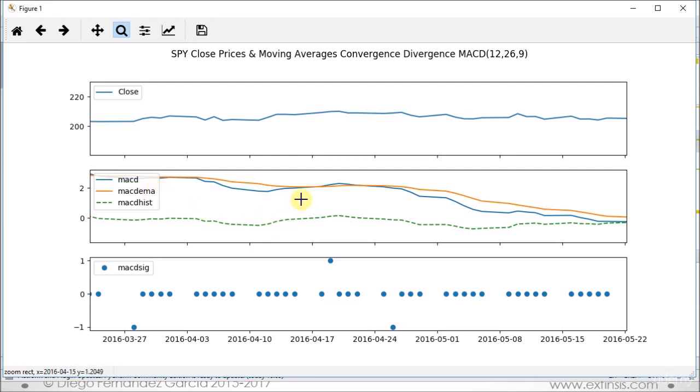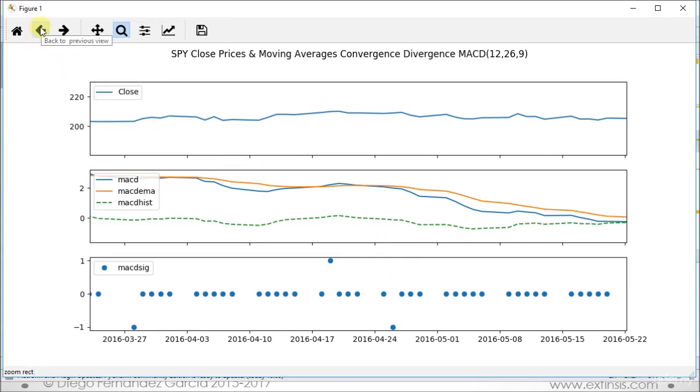In this case, whenever our blue line crosses from below to above the orange one, then we have a buy signal such as this one. And on the other hand, whenever the blue line crosses from above to below the orange one, which is our EMA or signal, then we have a sell signal which is being implemented 1 day later.